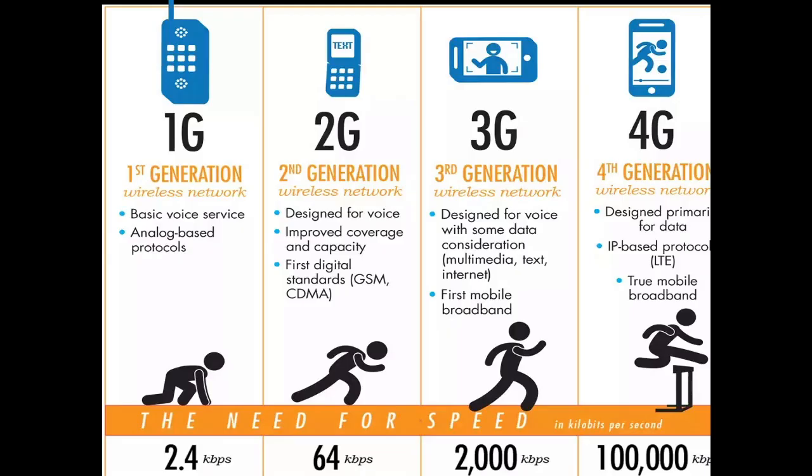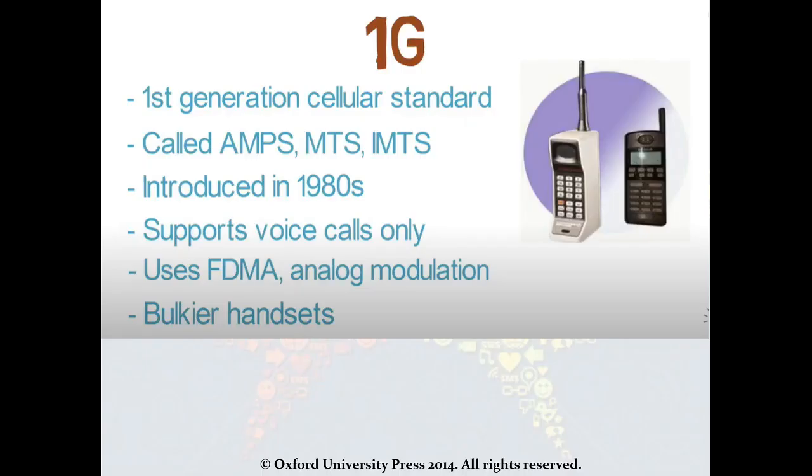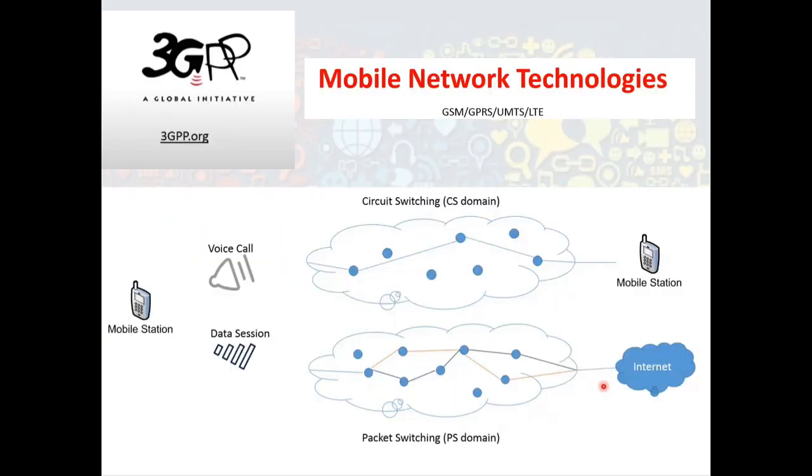Looking at the evolution from 2G to 3G and 4G, there is an organization called the 3rd Generation Partnership Project, 3GPP, which standardizes and comes up with the releases of the standard specifications. Mobile network technologies have evolved over these generations every decade: 1980, 1990, 2000, 2010, 2020 with 5G.